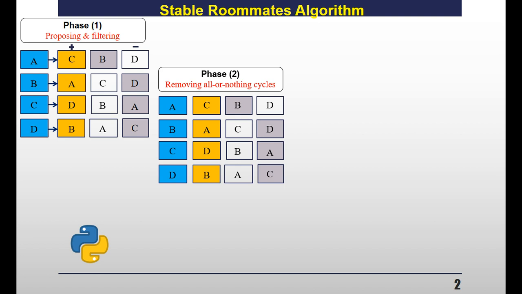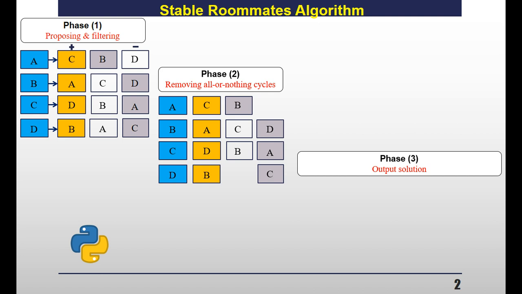So we reject user D from A and A from D. User B, the least preferred one, holds the proposal, so we can reject. So we go to the next phase.